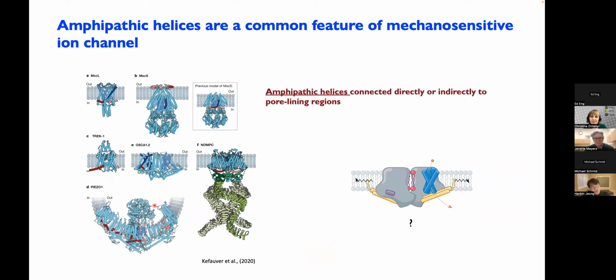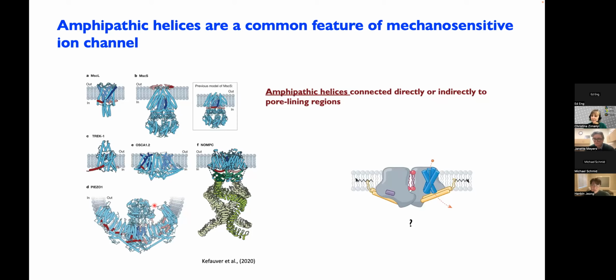Yes, it is a common feature that mechanosensory ion channels have this kind of amphipathic helices, and we also see that the H3 helices of TMC1 have an amphipathic feature, and actually it inserted into the membrane by MD simulation.